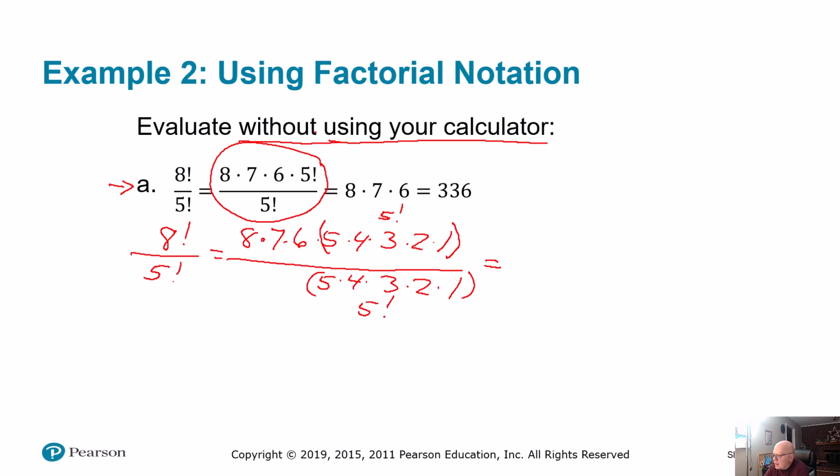So write it as 8 times 7 times 6 times 5 factorial, shortening those last digits, over 5 factorial. Those cancel out, and you can multiply the 8 times 7 times 6 almost in your head, and you get the result of 8 factorial over 5 factorial.